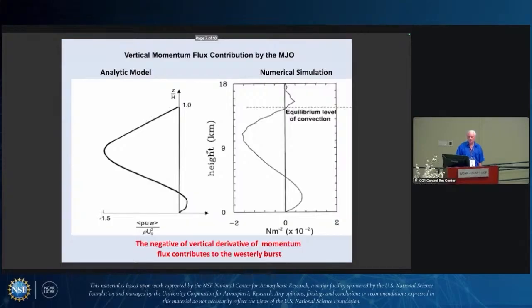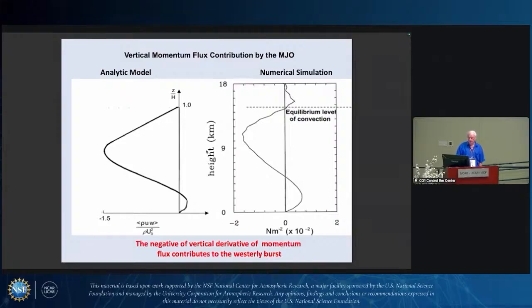Next picture. So I'm going to compare the vertical momentum flux now due to the vertical convection, the organized convection in the MJO. You notice that the vertical momentum fluxes are negative. That's quite typical in MCSs and in the MJO.